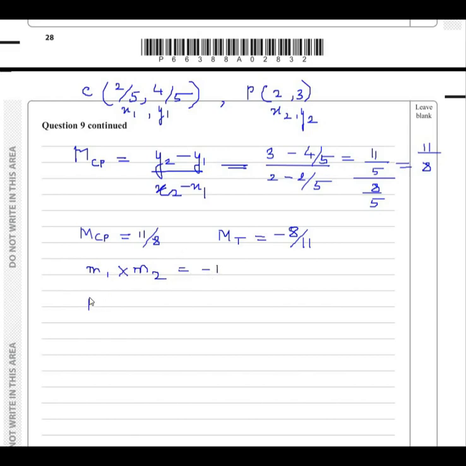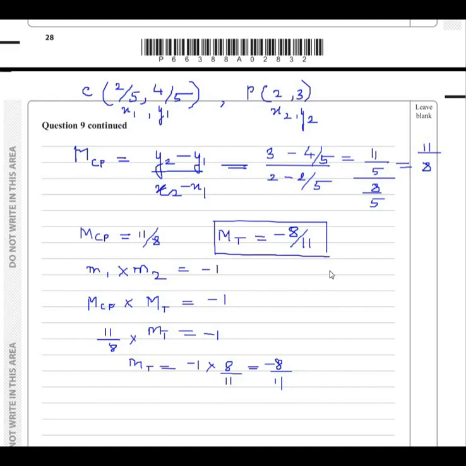So here I have taken m_CP multiplied by the slope of the tangent is equal to -1. So I have 11 over 8 times the slope of the tangent equal to -1. So the slope of the tangent is equal to -1 multiplied by 8 over 11, giving -8 over 11. This is how we get the slope of the tangent.